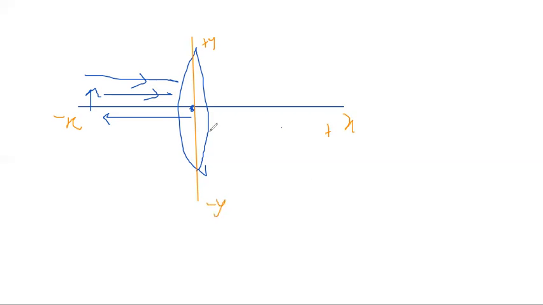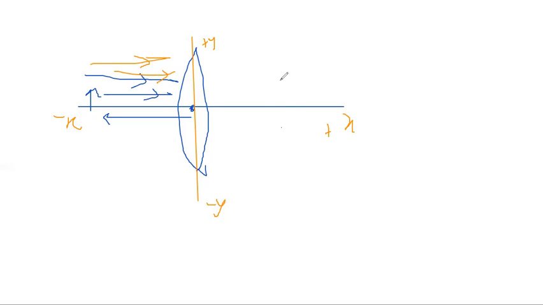So positive x-axis distances are positive, negative x-axis distances are negative, positive y-axis distances are positive, and negative y-axis distances are negative. Just remember that incident rays will always travel from left to right. Only then will this condition hold good. The condition is only one: the ray should be traveling from negative x-axis to positive x-axis.